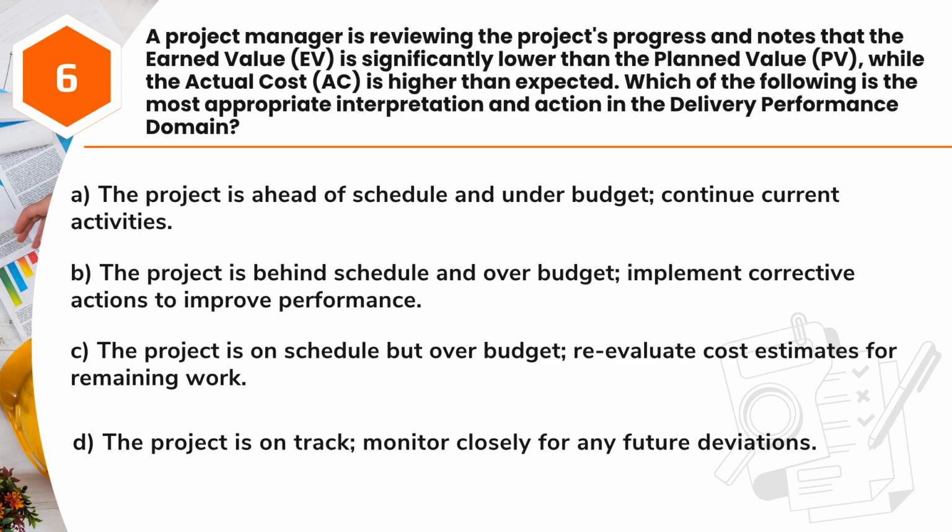A. The project is ahead of schedule and under budget, continue current activities. B. The project is behind schedule and over budget, implement corrective actions to improve performance. C. The project is on schedule but over budget, re-evaluate cost estimates for remaining work. D. The project is on track, monitor closely for any future deviations.